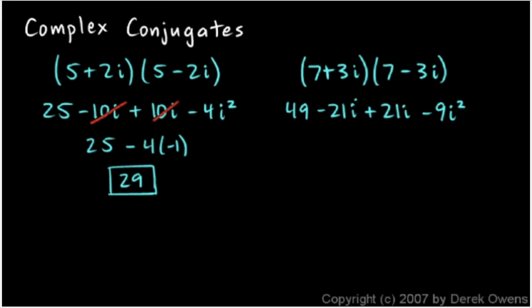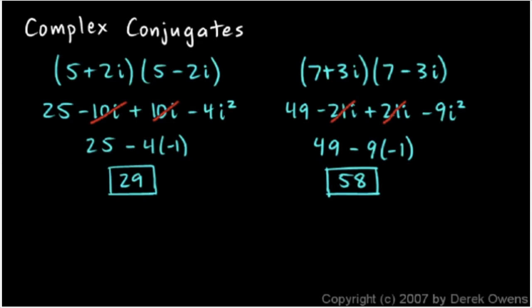Notice the minus 21i and the plus 21i cancel out, and I'm left with 49 minus 9 times negative 1, because i squared is equal to negative 1. So this is 49 plus 9, which is equal to 58. Once again, I end up with a real number as my answer.